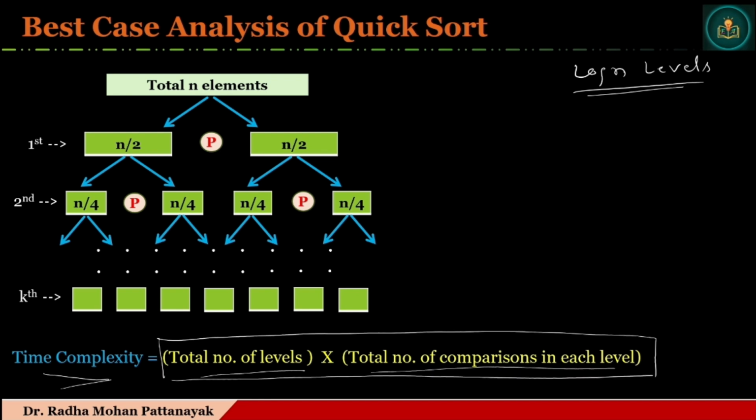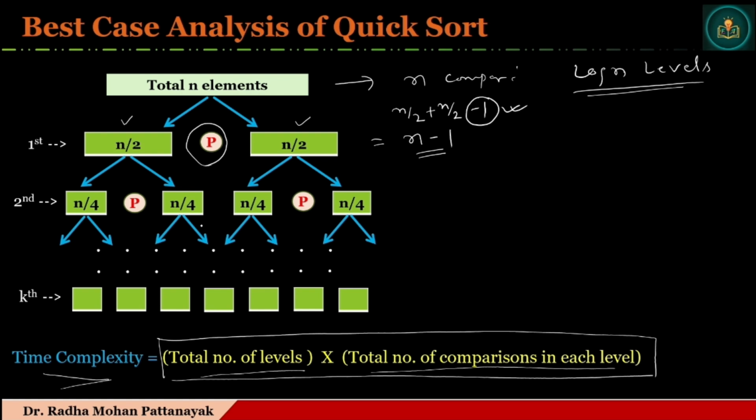Now we'll see, when n elements are there, how many comparisons are required here? n comparisons. Then in the first level, how many comparisons are required? n minus 1. Because that is n by 2 plus n by 2 minus 1. What is minus 1? Minus 1 is your pivot.